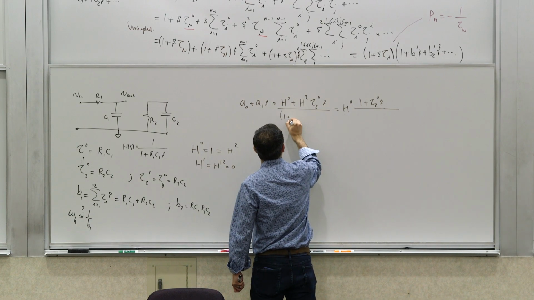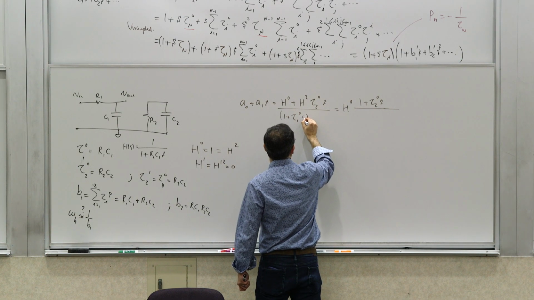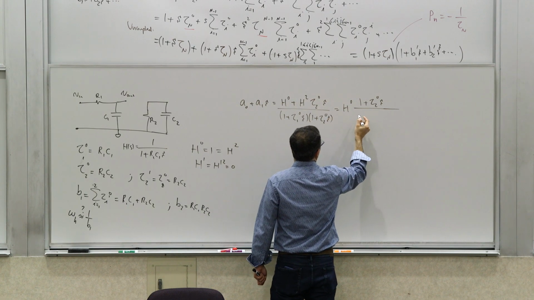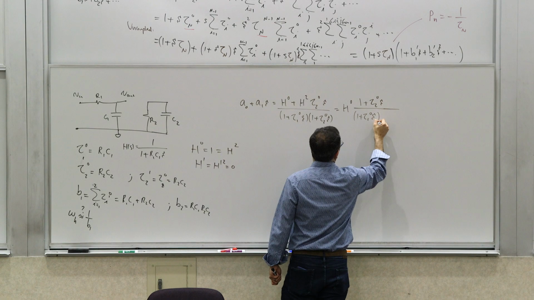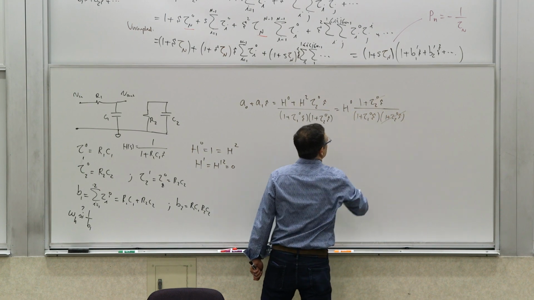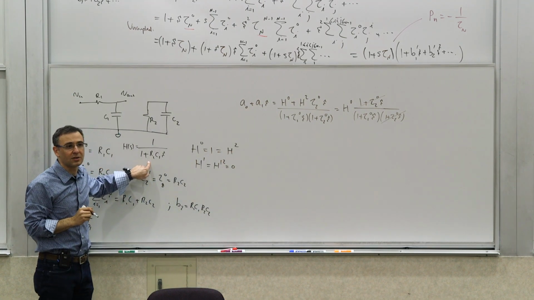You can write the denominator as 1 plus tau 1,0 s times 1 plus tau 2,0 s. And then these guys cancel, which gets you exactly to this transfer function.